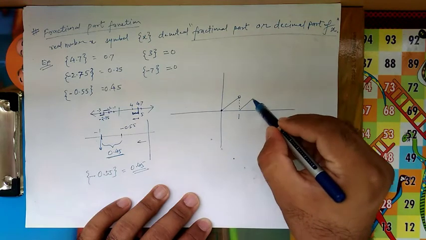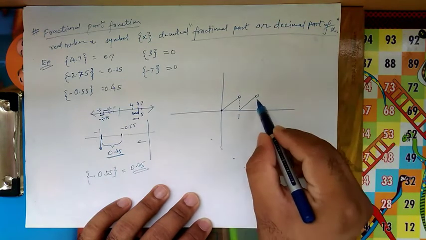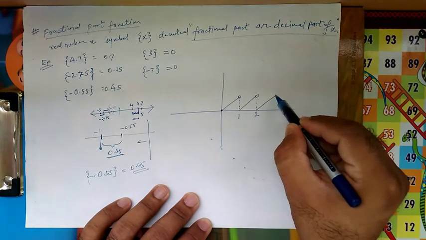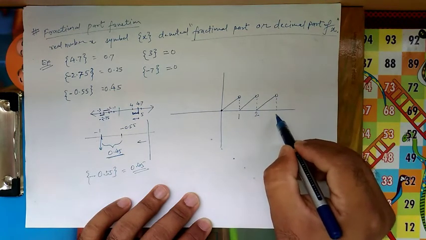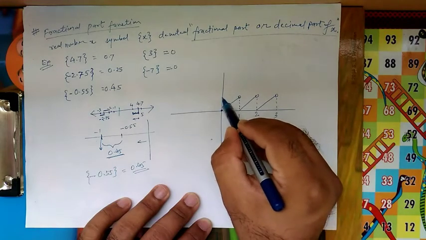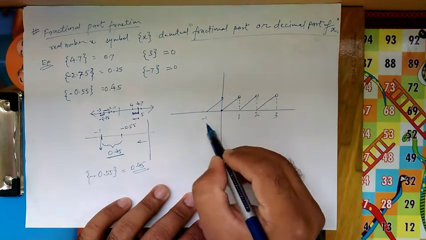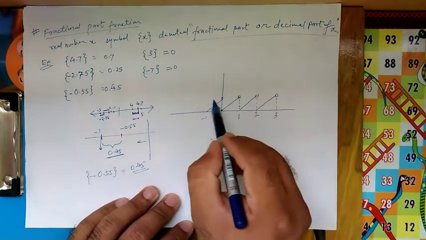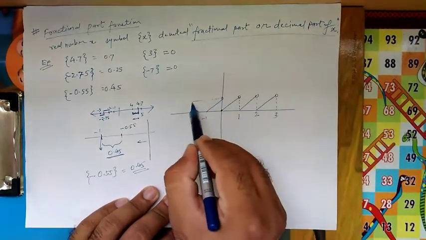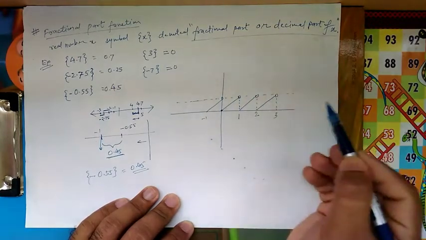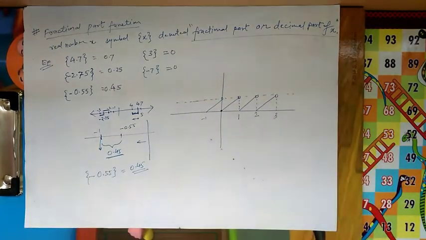So it will be like this. This is 2, this is 3, this is -1, and so on. Likewise you will get. So this is the fractional part.